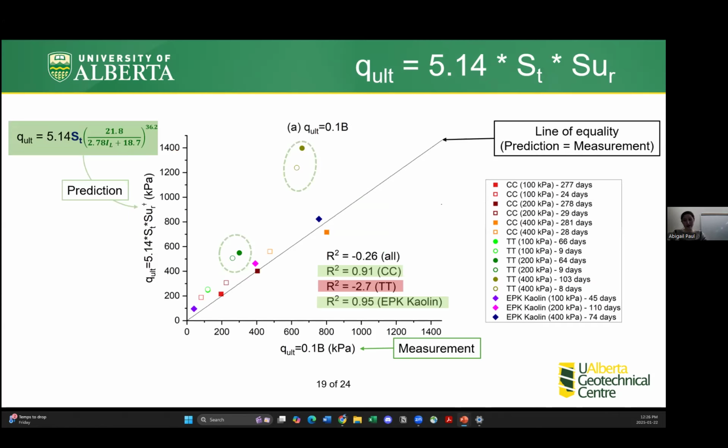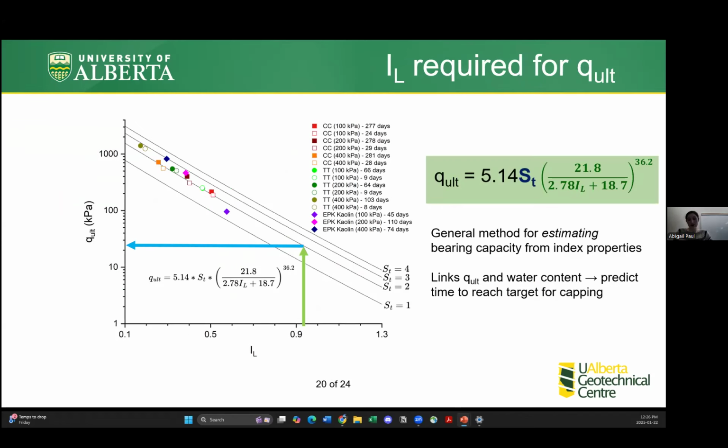This slide shows how the measured bearing capacity compares to the bearing capacity predicted from the sensitivity and remolded strength. Again, the thickened tailings is being kind of wacky, but the centrifuge cake and the EPK actually matched surprisingly well. So this brings us to this chart.